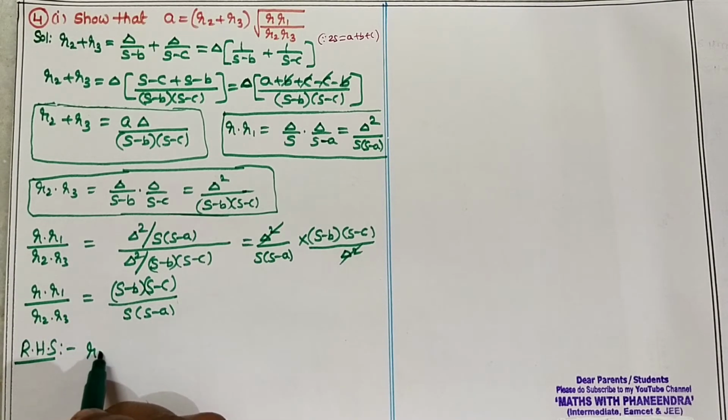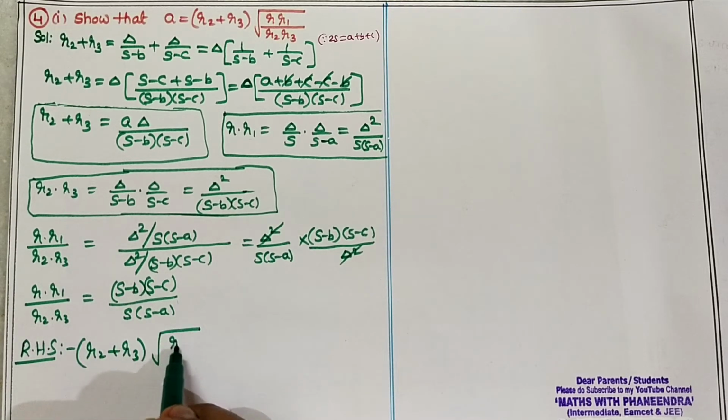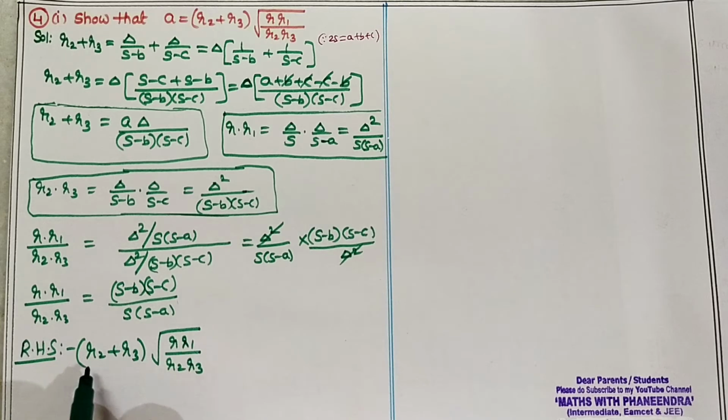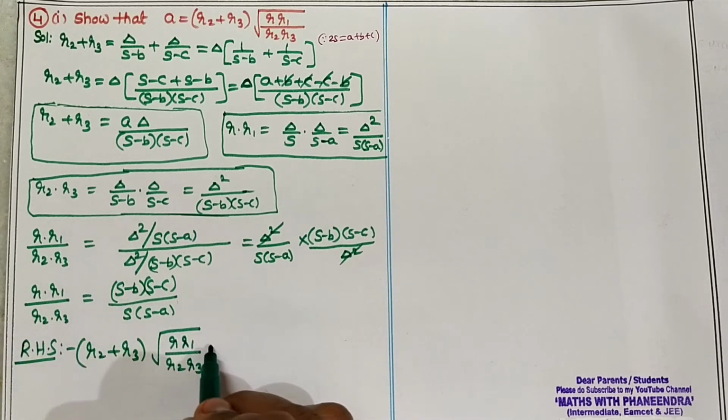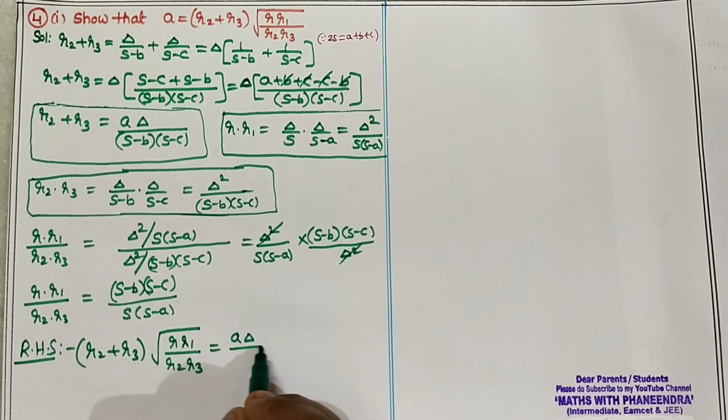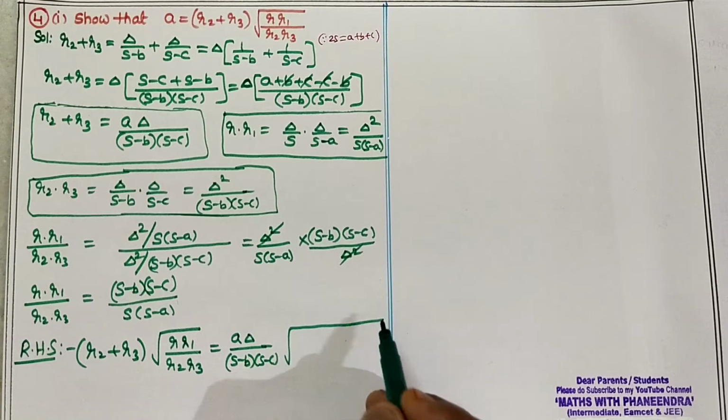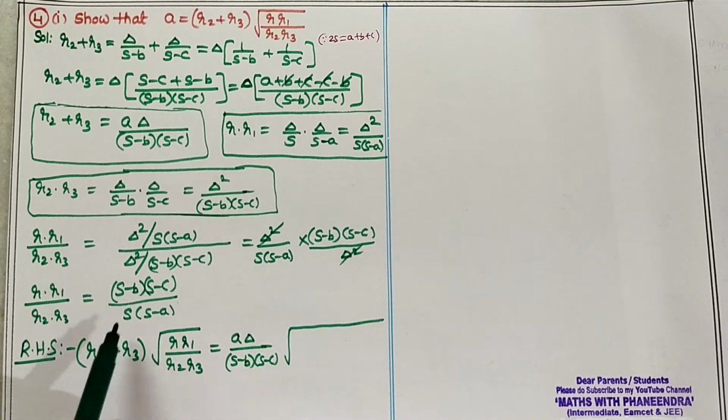RHS values: r2 plus r3 into square root of r into r1 divided by r2 into r3. So the value of r2 plus r3, we got it as a delta divided by s minus b into s minus c, into square root of r into r1 by r2 into r3 value. We got this value now.